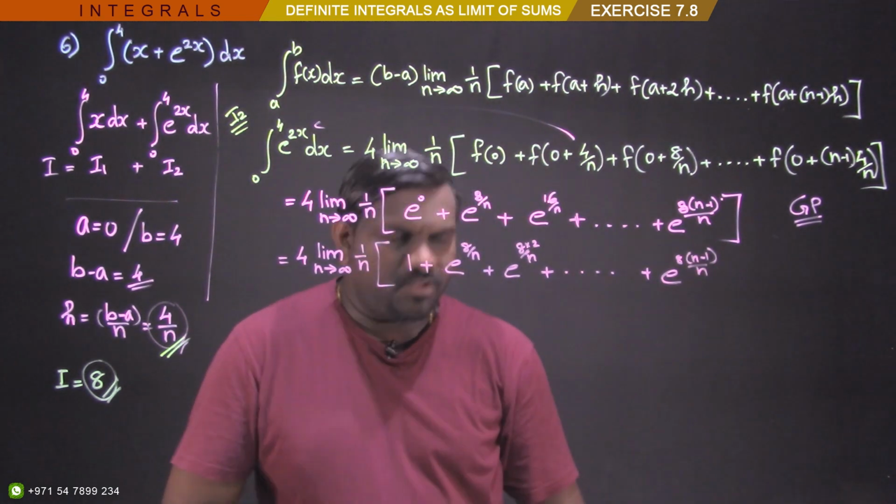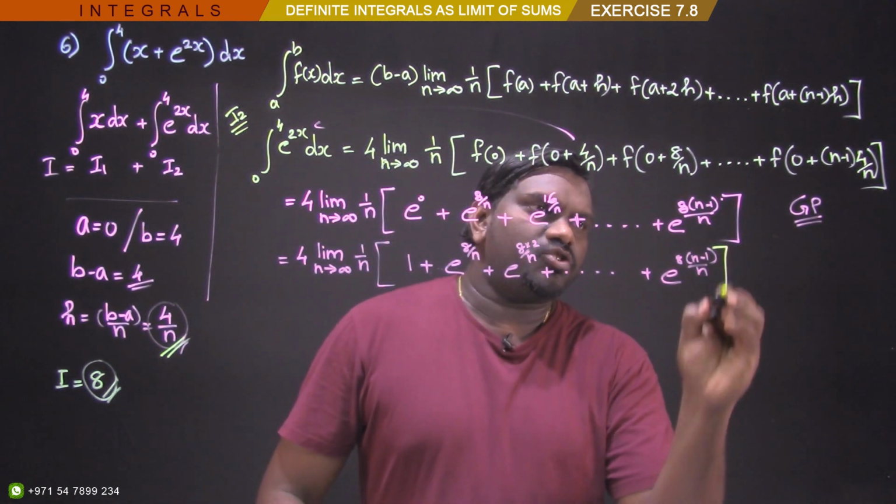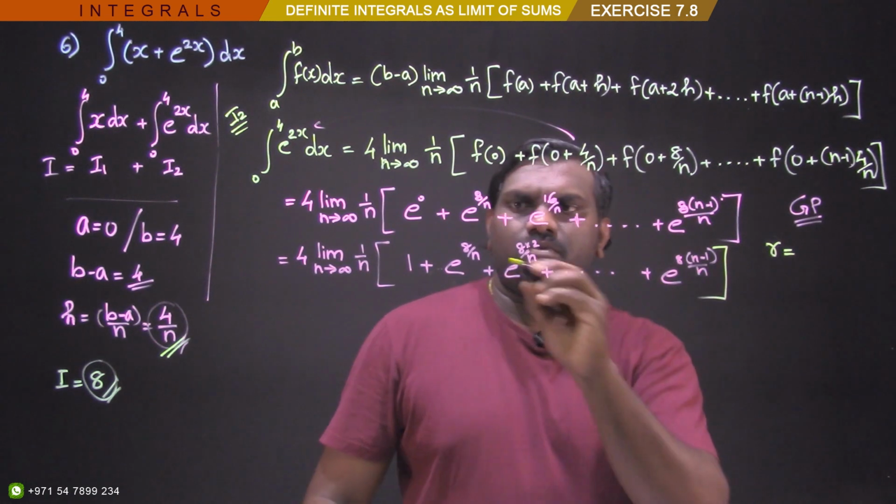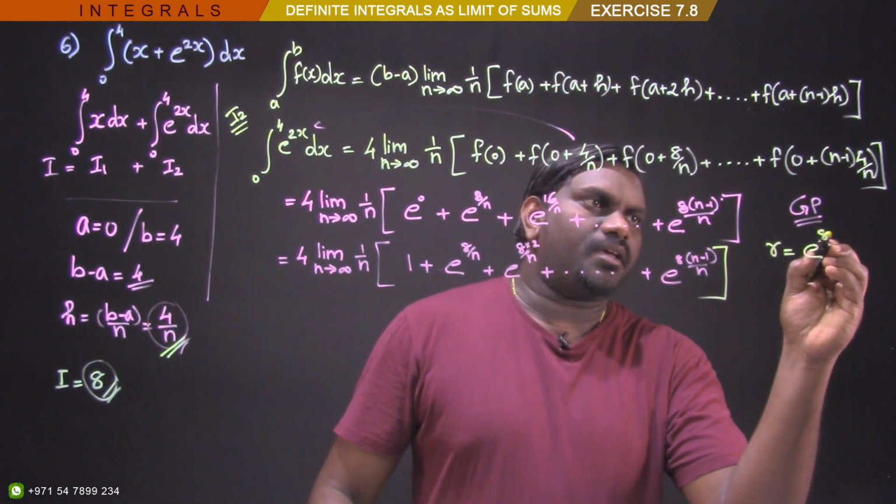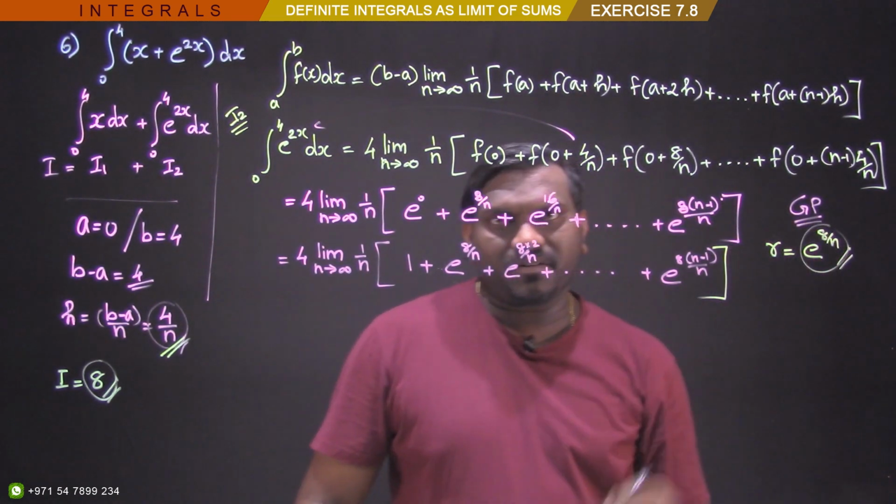What is the common ratio? r is equal to e to the power 8 by n. That is our common ratio here.